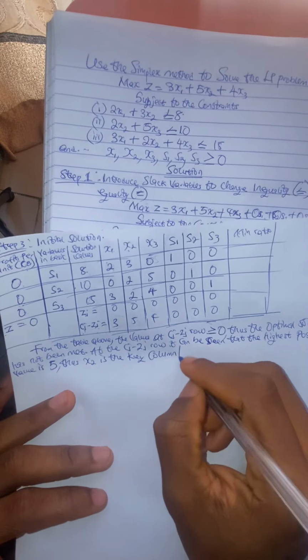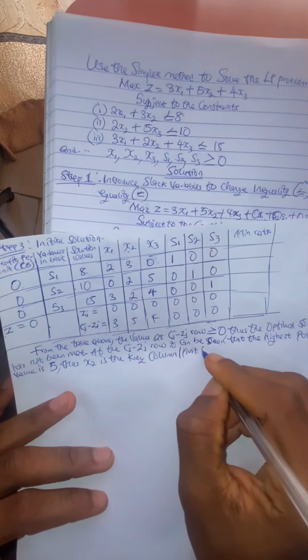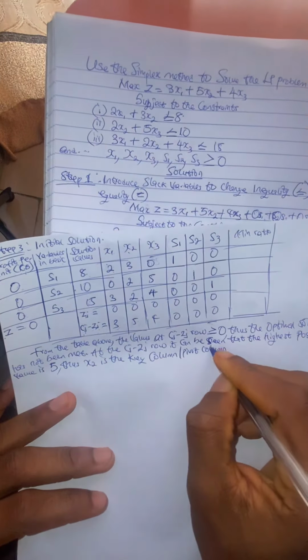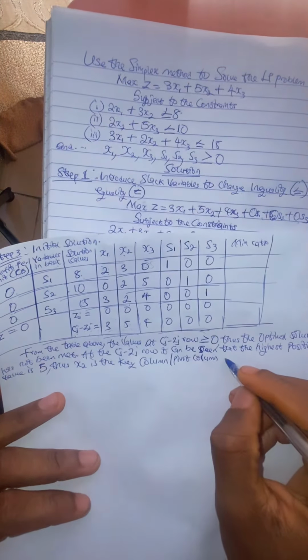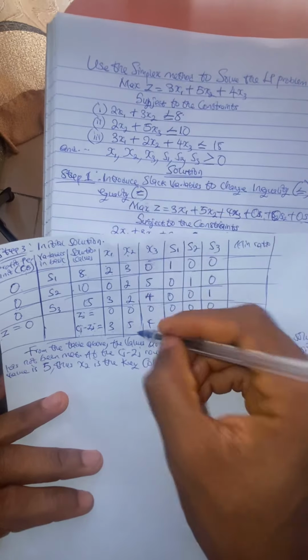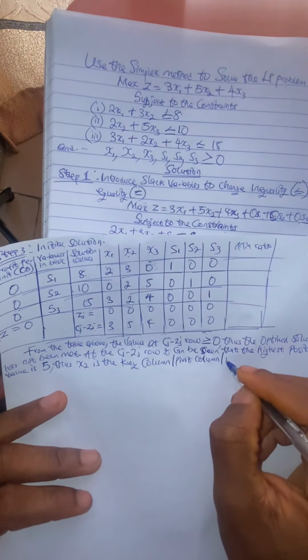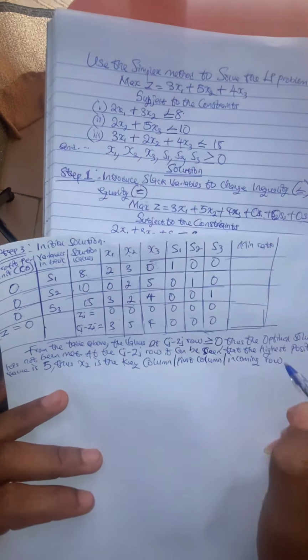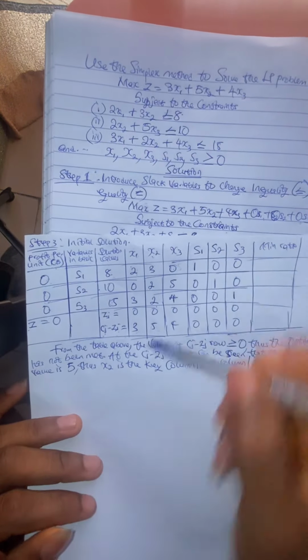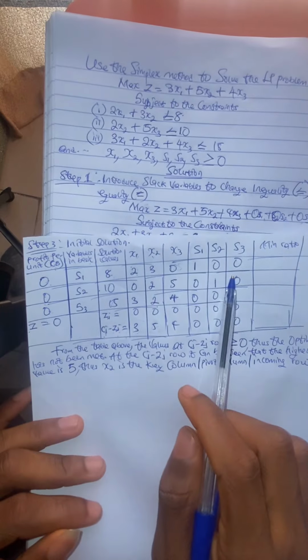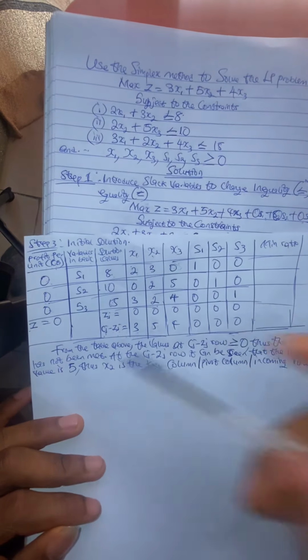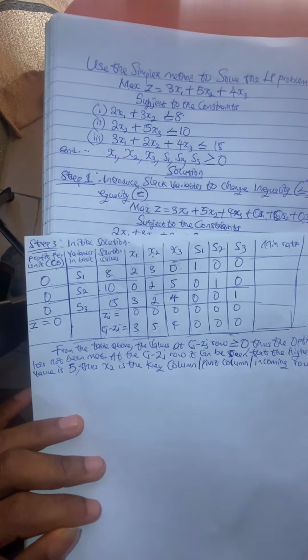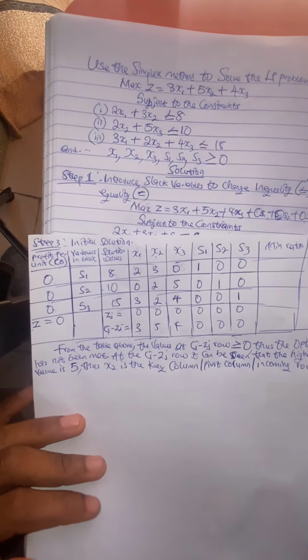You can also call it your pivot column, and you can also call this column your incoming row. What this means is that this column will now replace this column. So this column is an incoming column. It is the key column, it is the pivot column, and it is the incoming row.